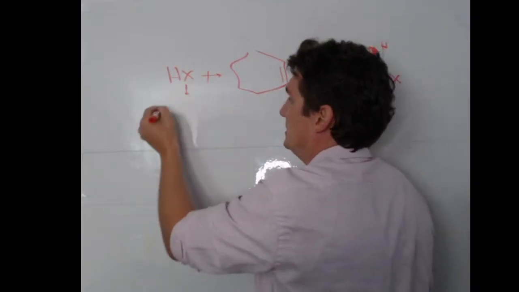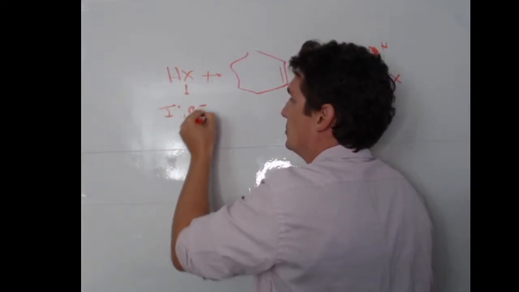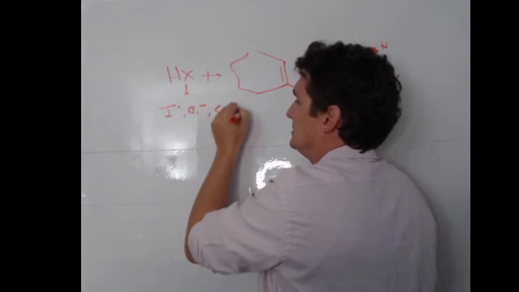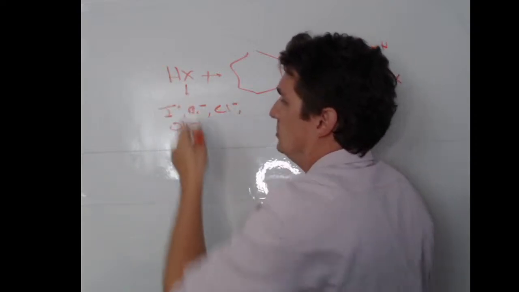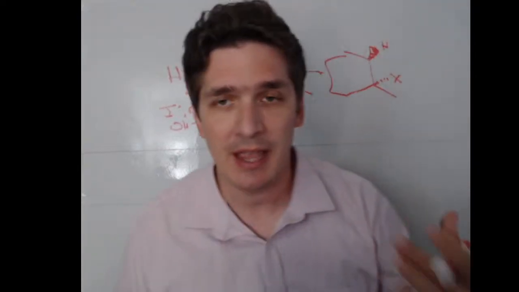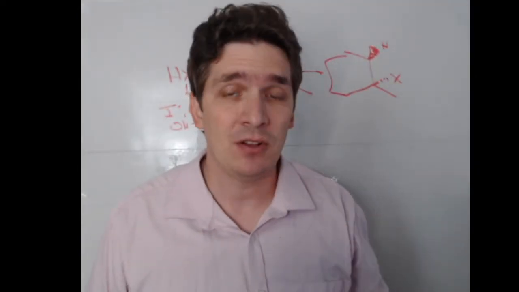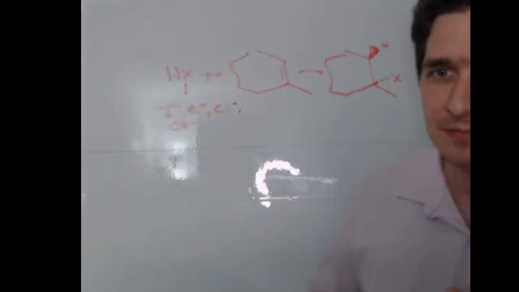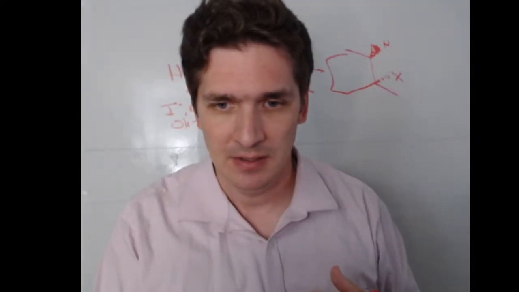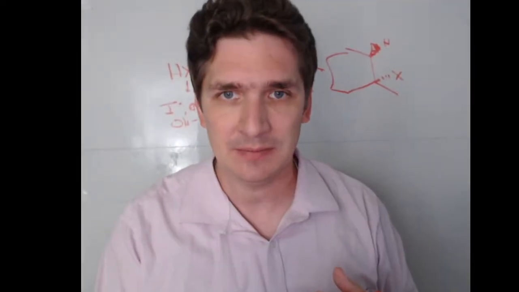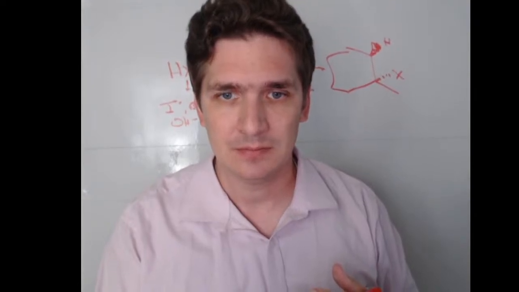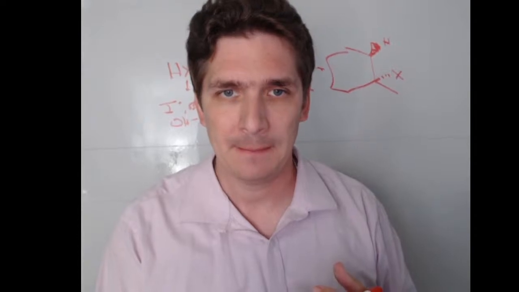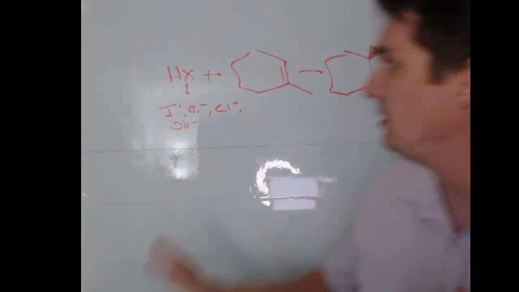X can be iodide, bromide, chloride. You can have H2O, and so when you see the H2O plus acid reaction, that's all that is. Let me make sure I've got the summary in front of me. So these are all the Markovnikov.